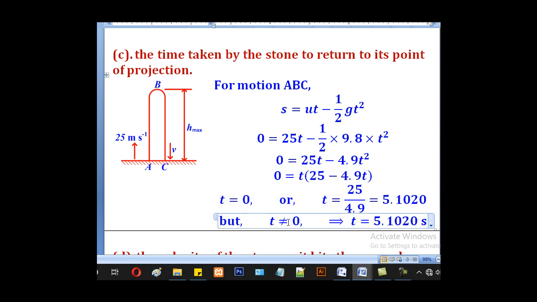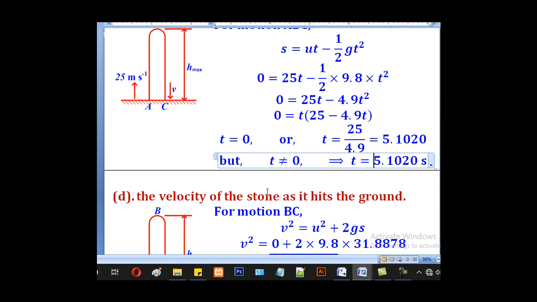But t cannot be 0. Why? Because at t equal to 0, it was at this point of projection. Therefore, t will be equal to 5.1020. That is at this point after moving through B. So that's the time they wanted for it to return to its point of projection.